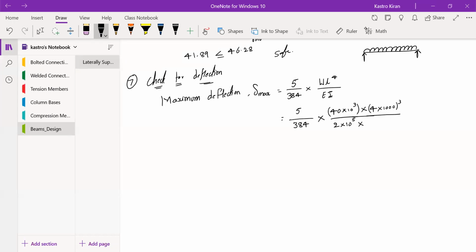So for IZZ of ISLB 200 is 1696.6 into 10 power 4. So this will give you 9.82 mm. Okay, so this is the maximum deflection condition.